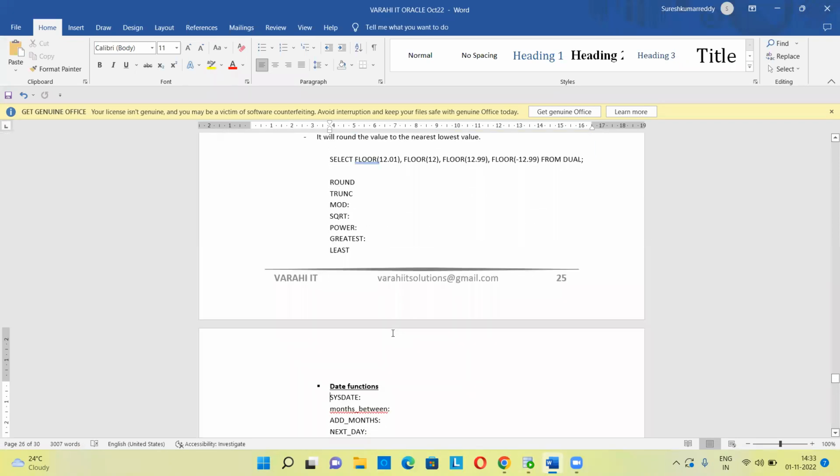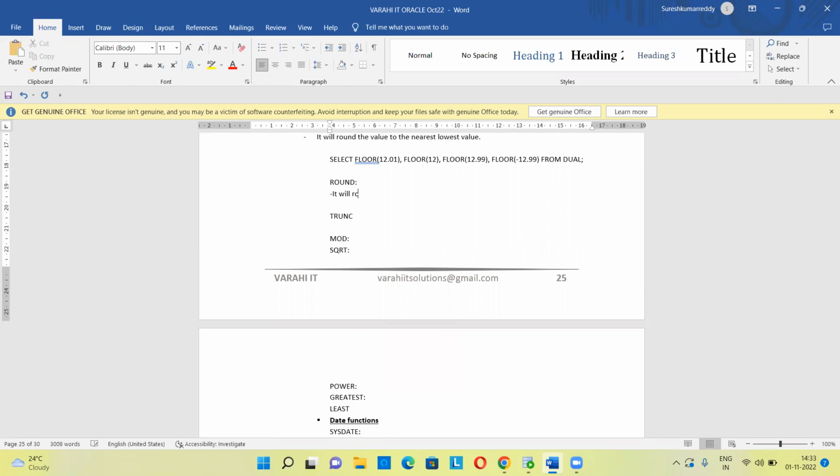Now the next two functions are again a little important for us, that is round and trunc. So what is round and what is trunc, we'll see now. Already we discussed about ceiling, right? These functions also will work similarly to ceiling and flooring.